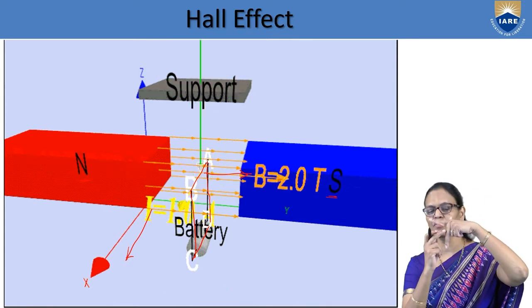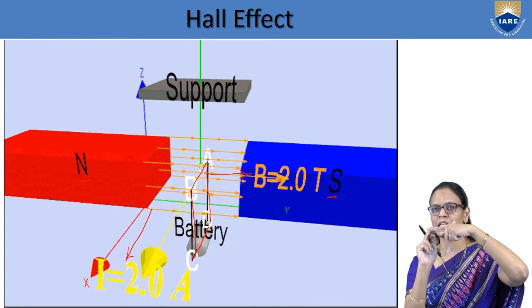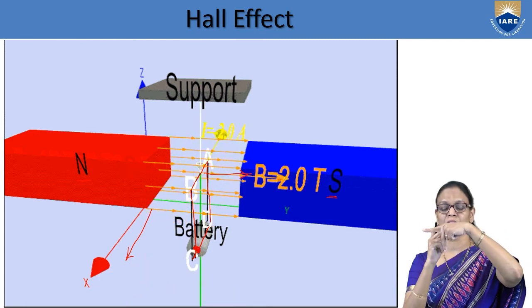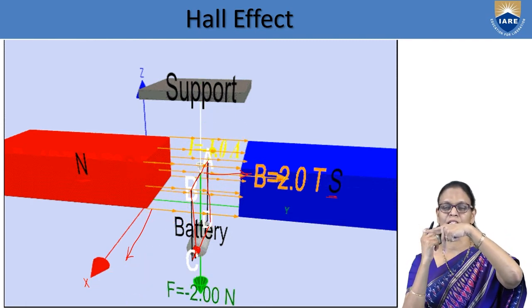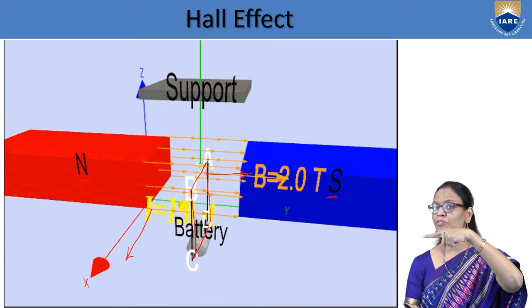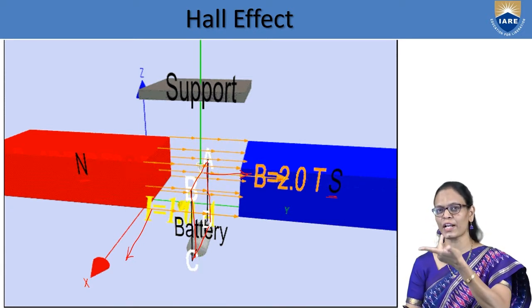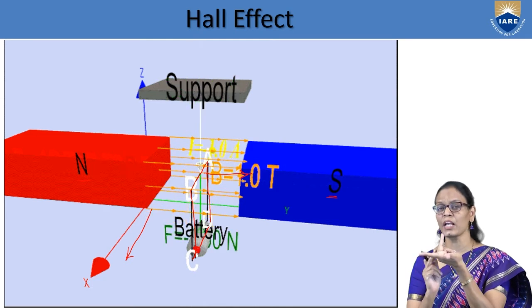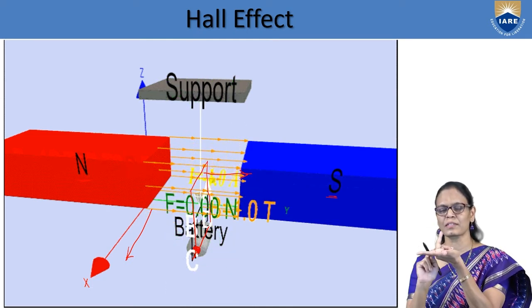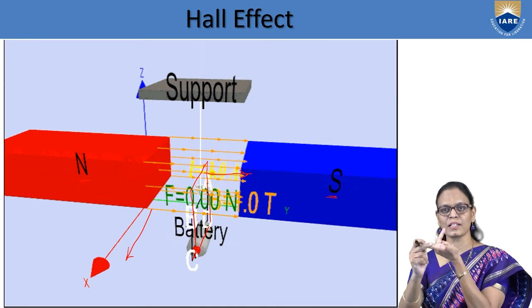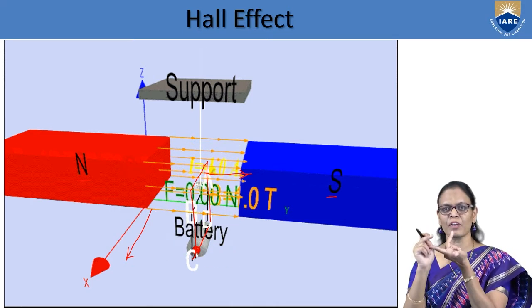If the current flows in the downward direction and this is the magnetic field, the force acts in this direction, that is towards me. Now if I reverse the direction of flow of current, say the current flows in the upward direction and the magnetic field remains in this direction, the thrust will be in this direction, away from me.